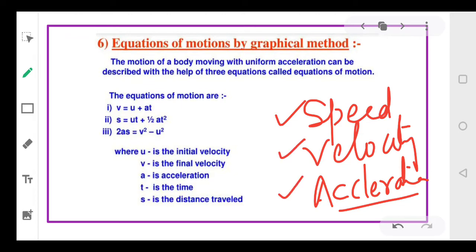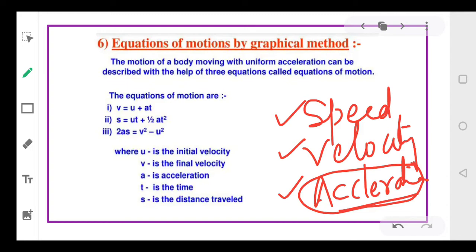That is your speed, the different types of speed, velocity, acceleration. The concept of acceleration is very important. Okay dear students? Right? What is acceleration? The change of velocity. It is change of velocity per unit time, okay? And what is its formula? A is equal to V minus U upon T.